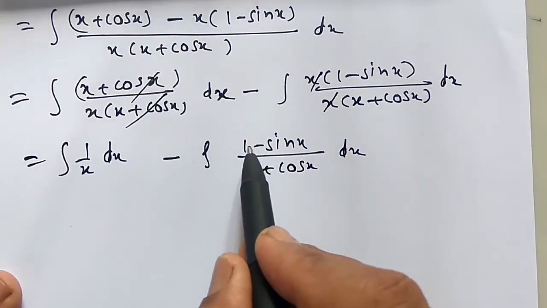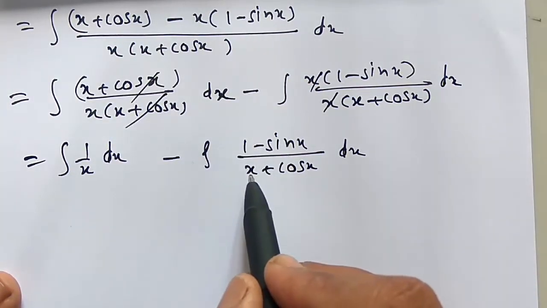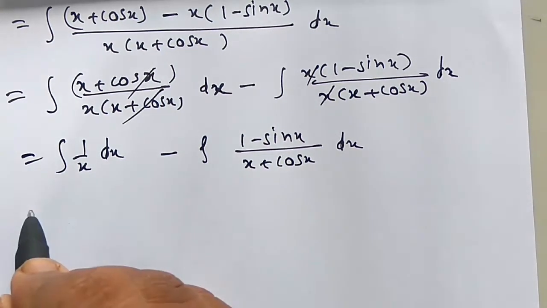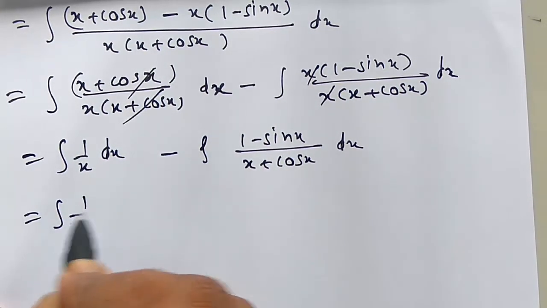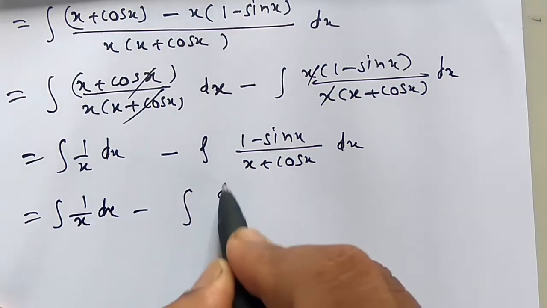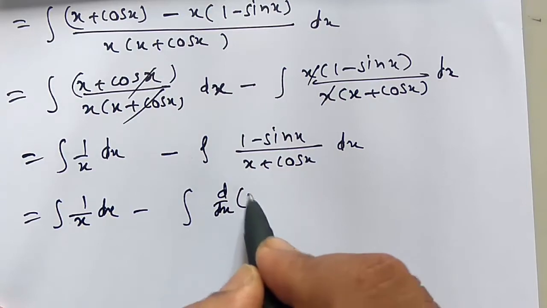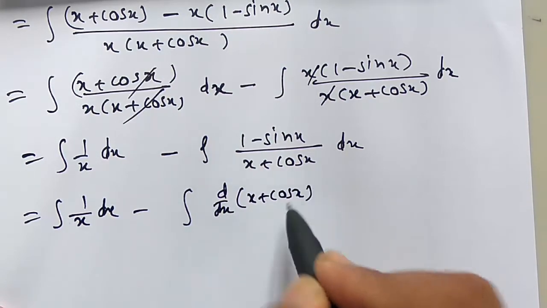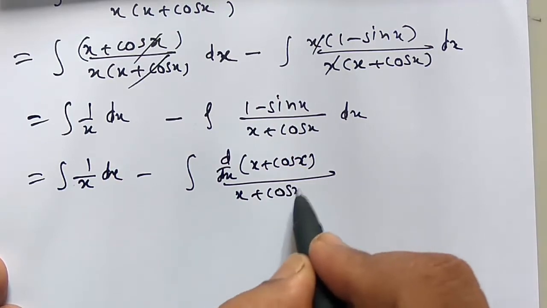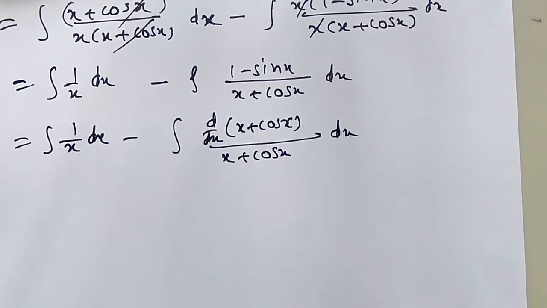Now observe that the numerator is the derivative of the denominator. Derivative of x is 1, derivative of cos x is minus sin x. So this is equal to integration 1 upon x dx minus integration of d by dx of denominator x plus cos x upon x plus cos x dx.